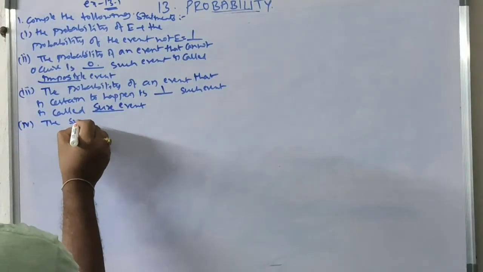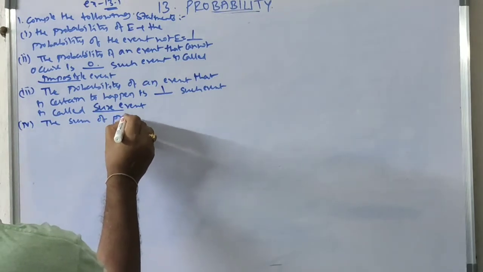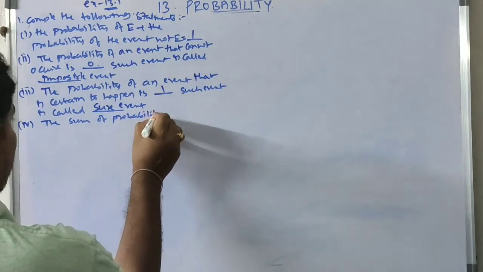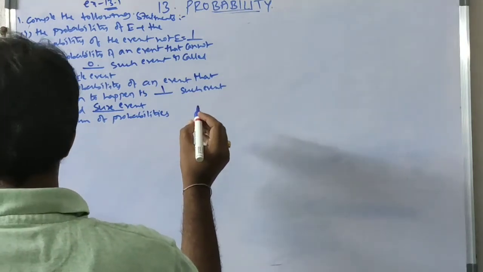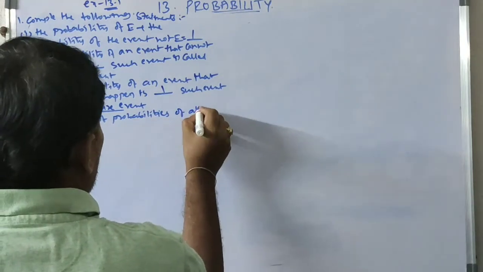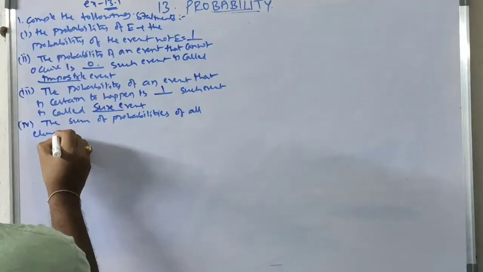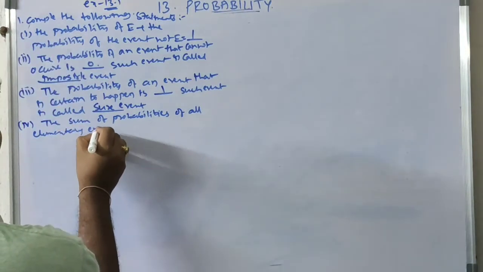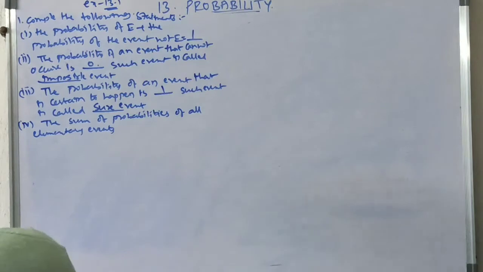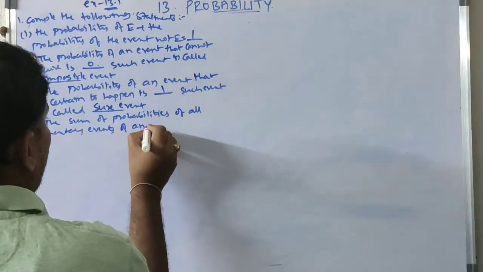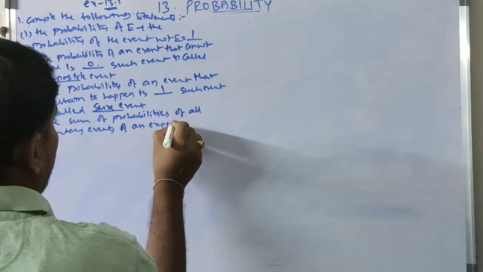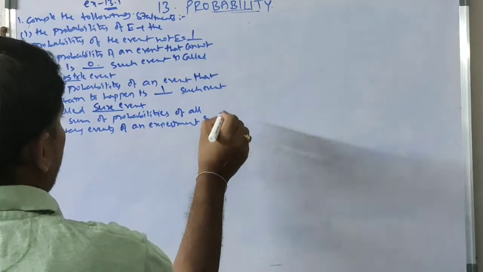Next, the sum of probabilities of all elementary events of an experiment is dash.